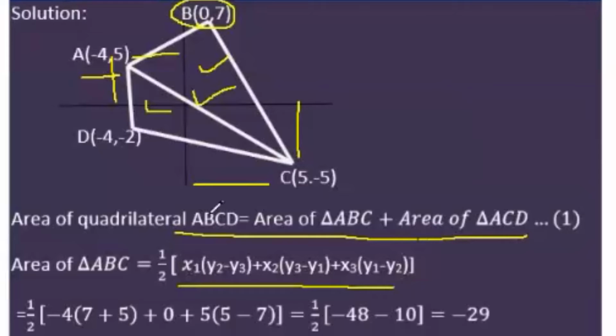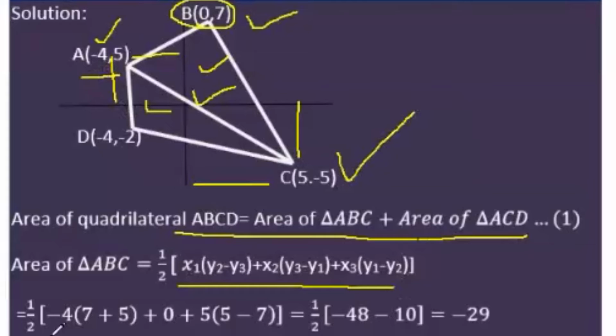For that I take point A as (x1, y1), B as (x2, y2) and C as (x3, y3). So our x1 is -4.